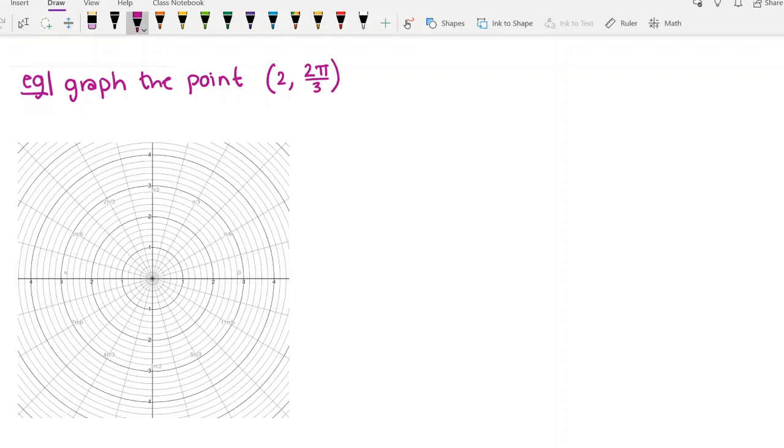That tells us that we want to go to an angle of 2 pi over 3. It's very faint, but you can see here it says 2 pi over 3, but you also know where 2 pi over 3 is yourself, so you shouldn't have to look at that guideline. So we go to our angle of 2 pi over 3, and that tells us the point we're trying to graph lies on this line. Notice that there are these concentric circles.